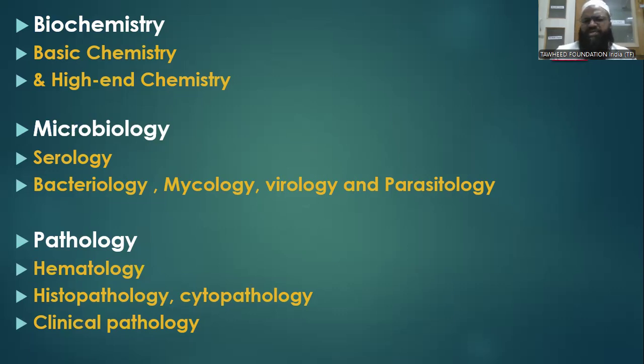Under high-end chemistry, we can see hormone assays, and a few more investigations related to viral load, which can be tested under high-end chemistry. Coming to microbiology, there are a few sections.